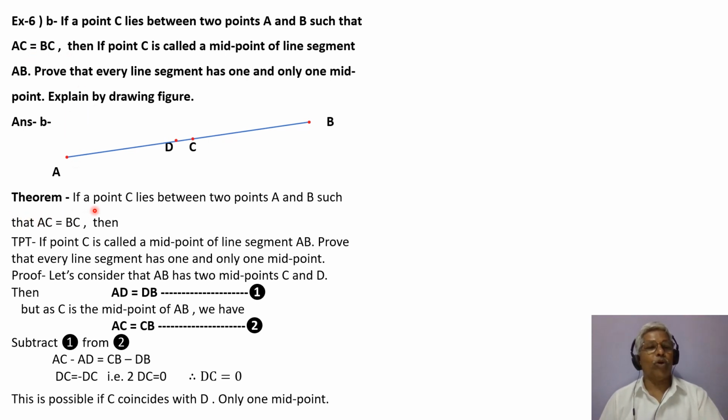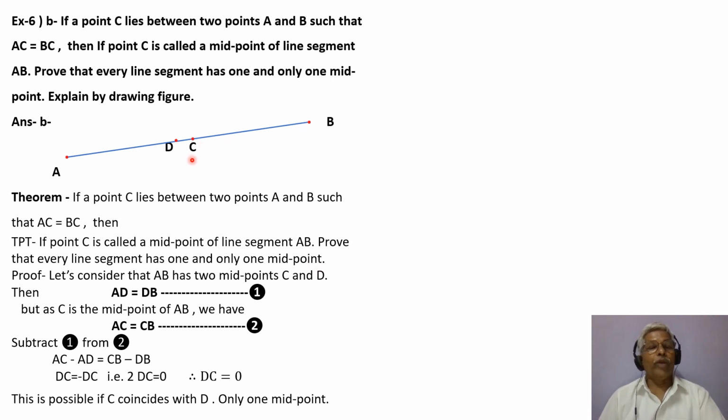The theorem: if point C lies between two points A and B such that AC equals BC, as given, then we have to prove that C is the midpoint of the line segment AB. Prove that every line segment has one and only one midpoint.